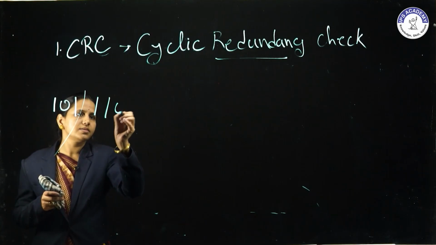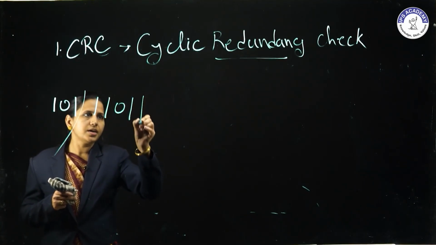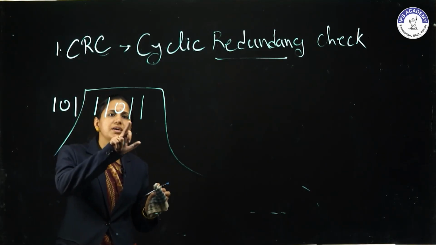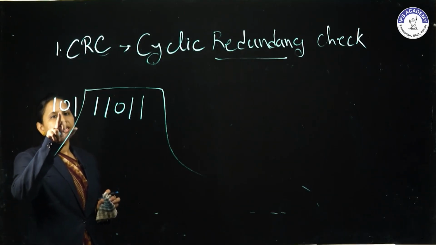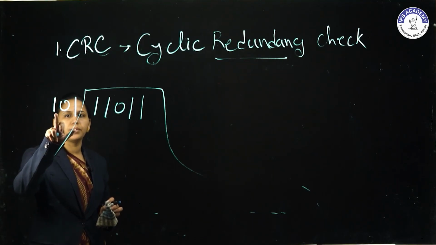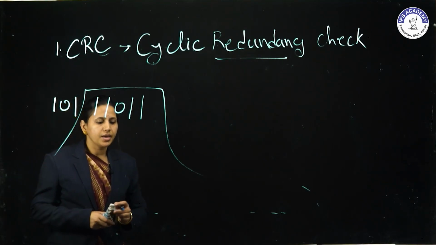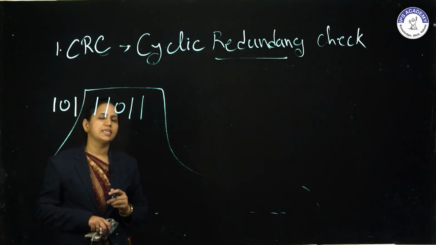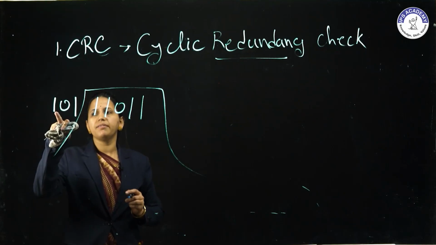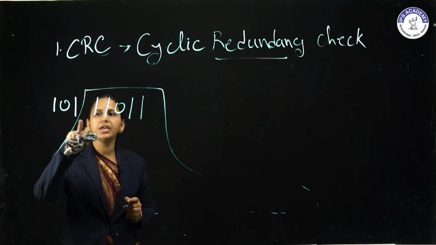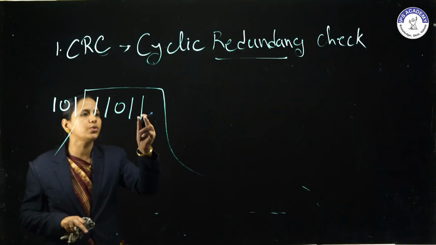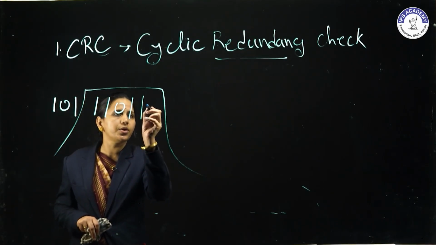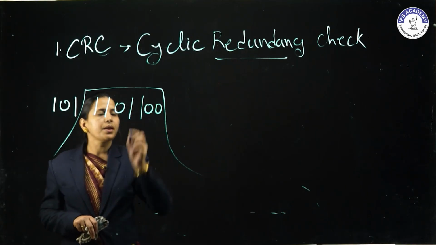This is our data 1 1 0 1 1, and the sender uses the divisor polynomial 1 0 1. In the cyclic redundancy check method, if our divisor is 3-bit, then we need to append 2 zeros at this particular place, so the divisor has 3 bits and we use 2 zeros.